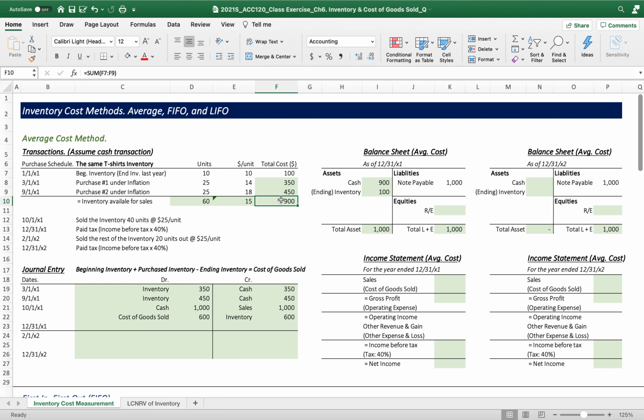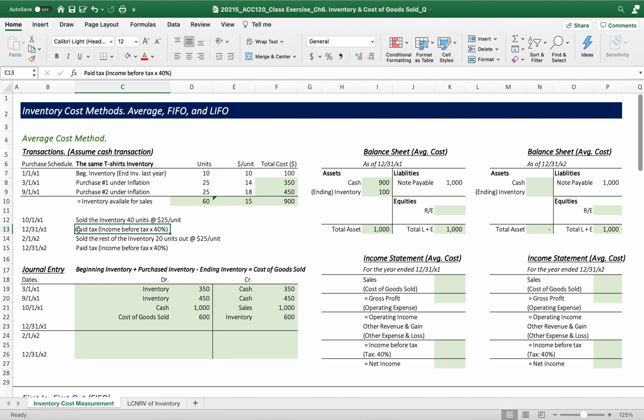The $900 total cost of inventory divided by the total inventory available for sale gives us the average cost per unit. Then we apply this $15 per unit times 40 units, and that is the cost of goods sold that would be recorded on the income statement.